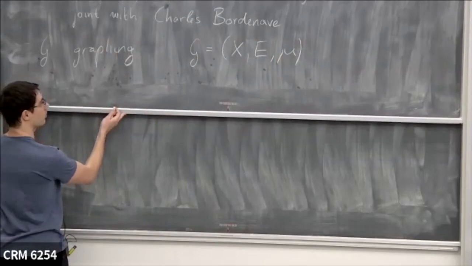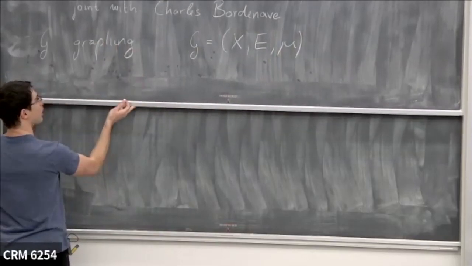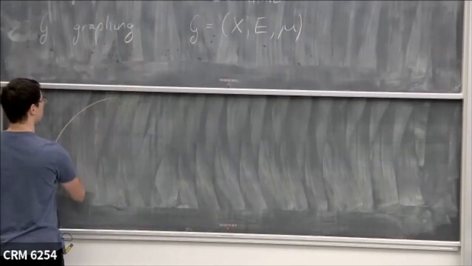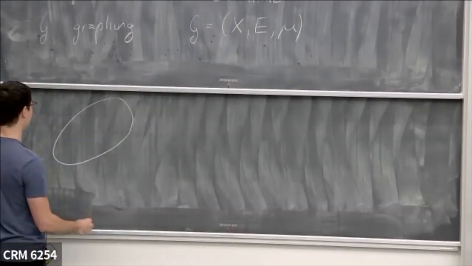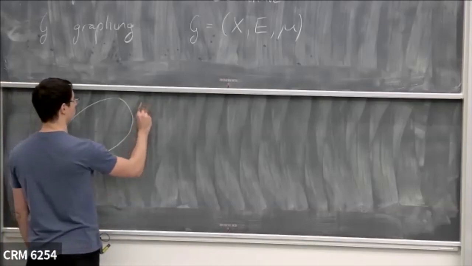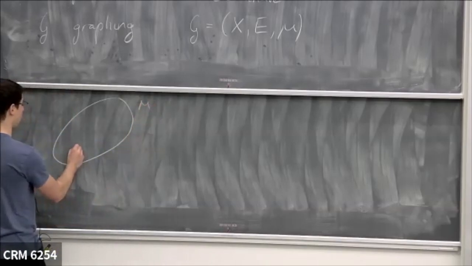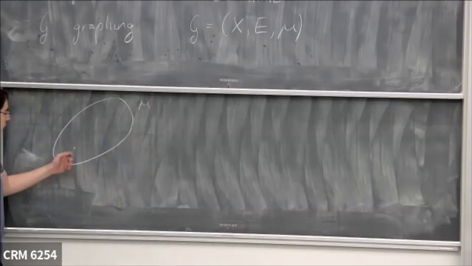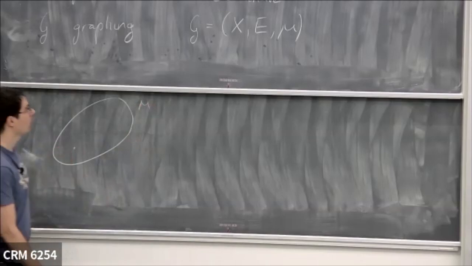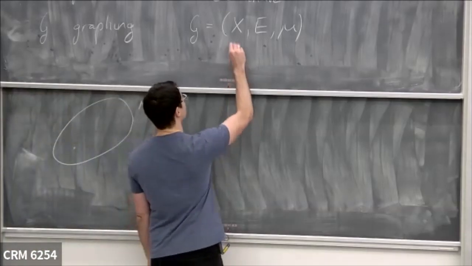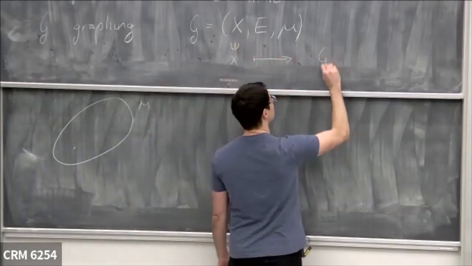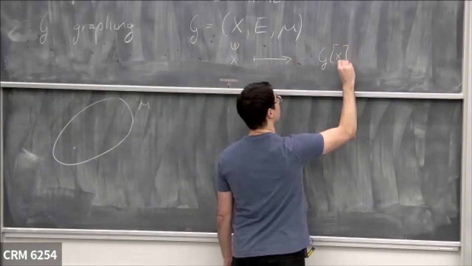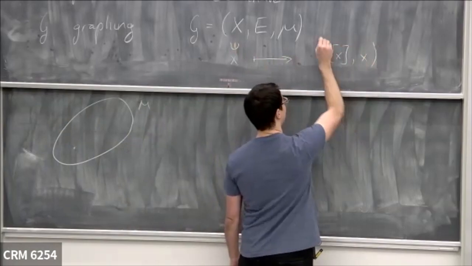I won't go into many details, but the way I imagine it is that there is this measurable space of vertices, and since there is this probability measure mu living here, I'm allowed to pick vertices of my space at random. And if I do that, so I pick X in here, then I can associate to it its connected component, and I think about it as a rooted graph at this vertex.